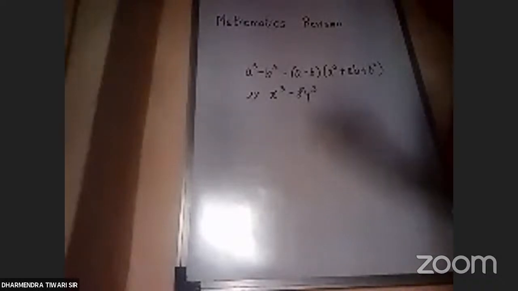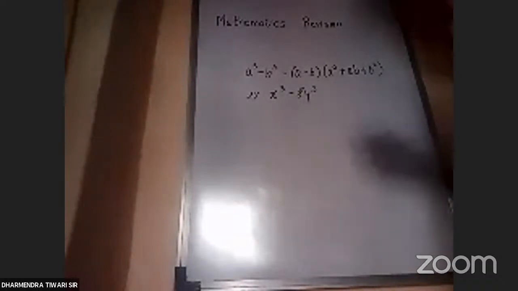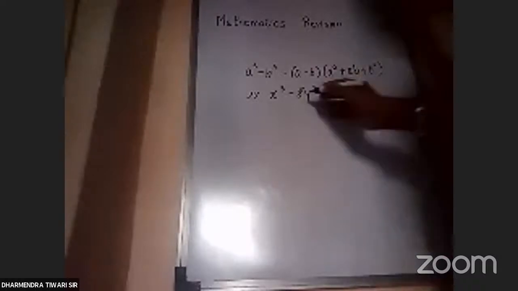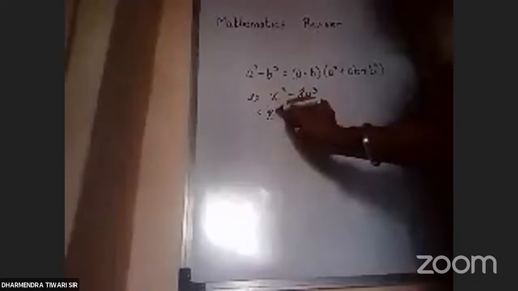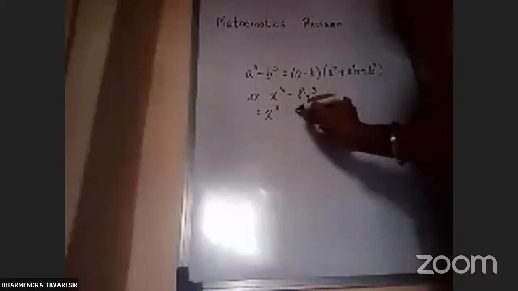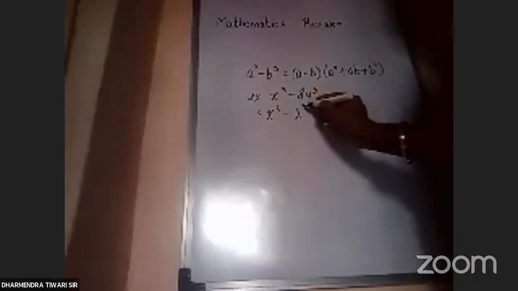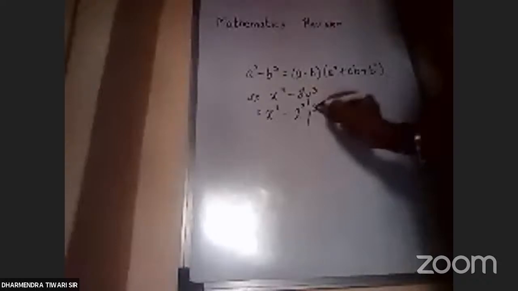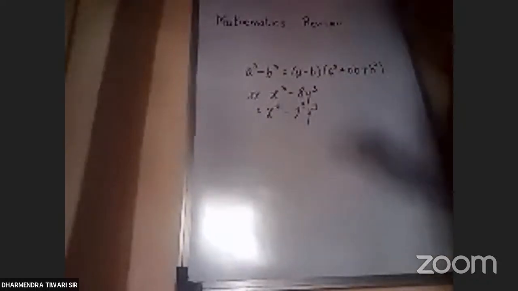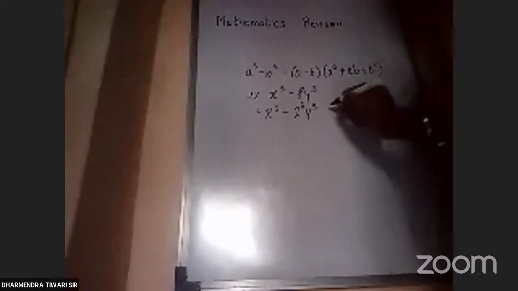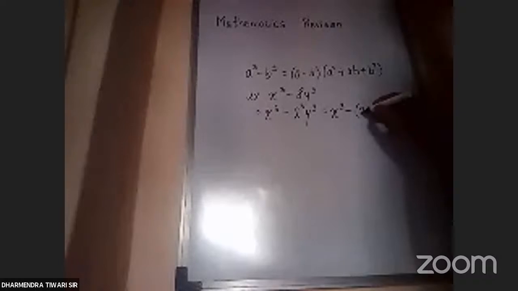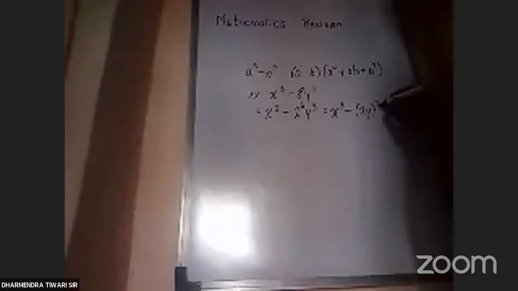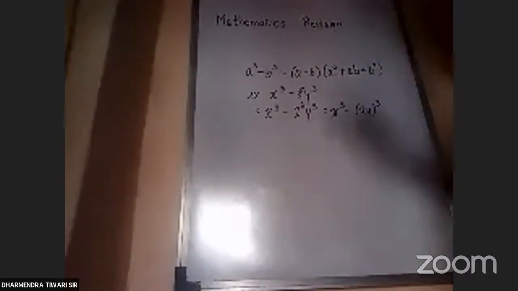So we should know which number's cube will give me 8. Can we give the answer? Yes. We know that 2 cube is 8, into y cube. So we can write this as x cube minus 2y the whole cube.